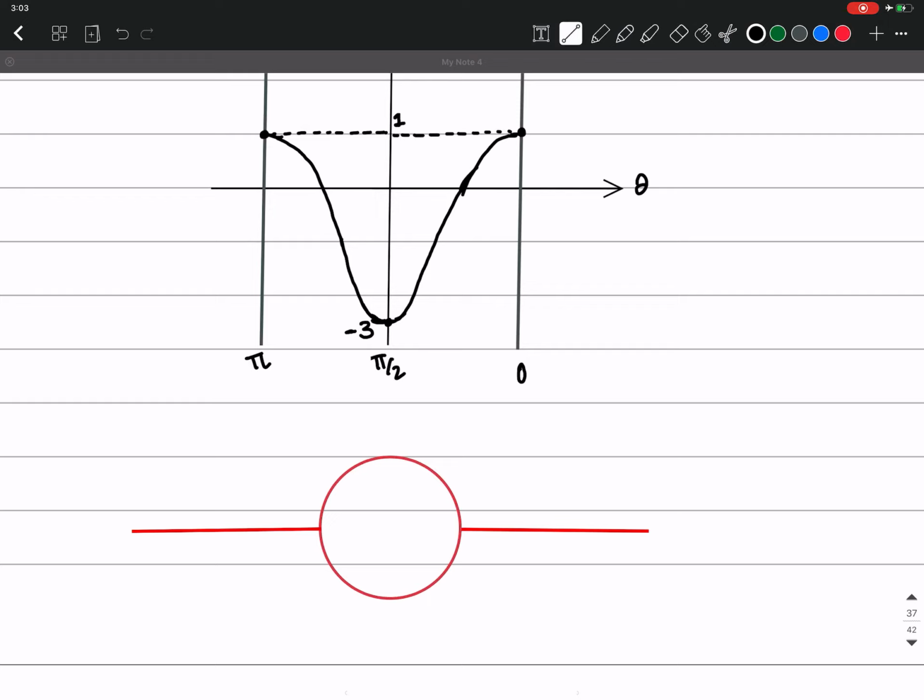Okay. So what happens is flow comes from here. Then as the flow goes up, what happens?